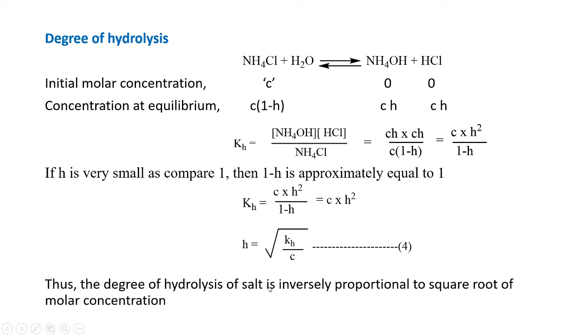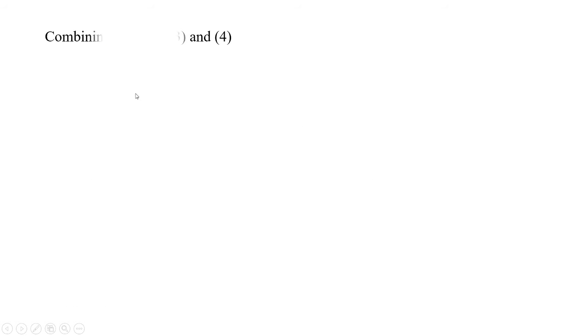Thus the degree of hydrolysis of salt is inversely proportional to the square root of molar concentration. Now combining equations 3 and 4, h is equal to square root of Kh upon C, where the value of Kh is Kw upon Kb, divided by C. So this is the equation of hydrolysis of salts.